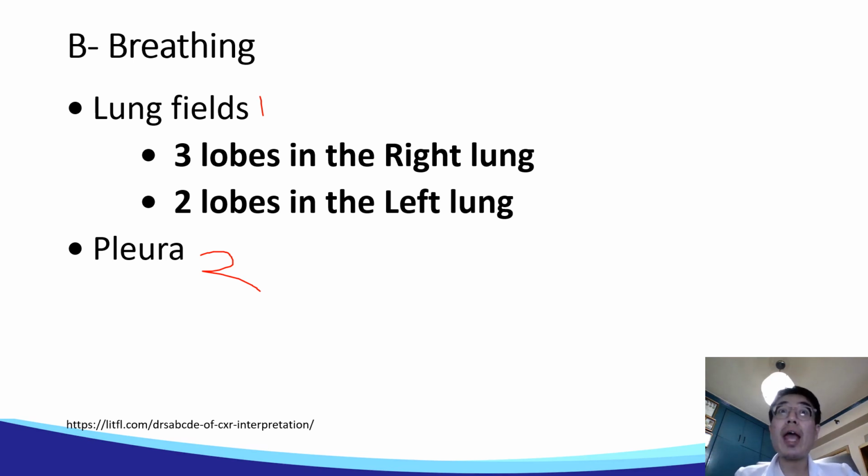Are there any masses, any infiltrates, any cavitary lesions? We also look at the outlines of the lung fields. Is there any atelectasis, meaning lung collapse? Is there any consolidation, which is a typical finding in pneumonia? And for the pleura, we note if there is any suspicious thickening.